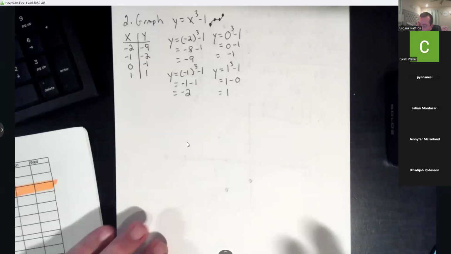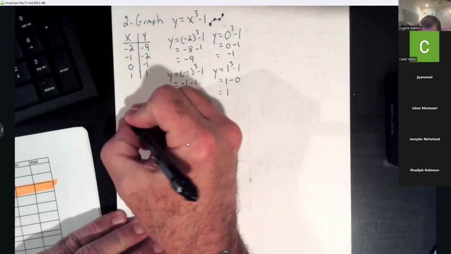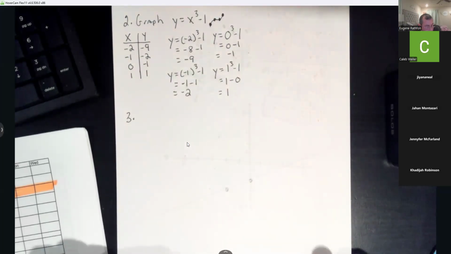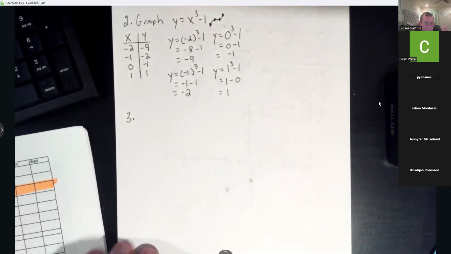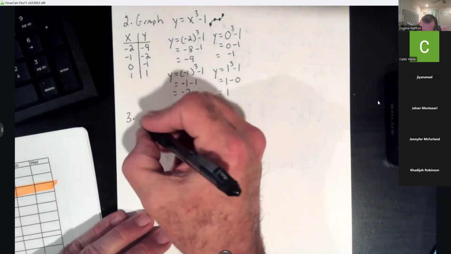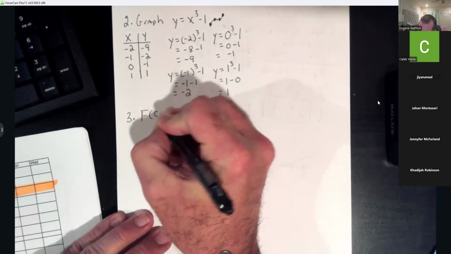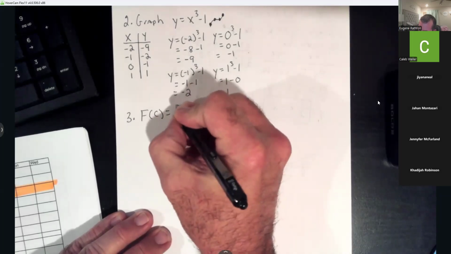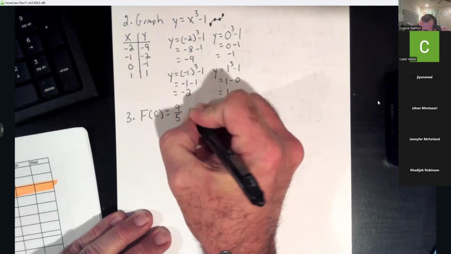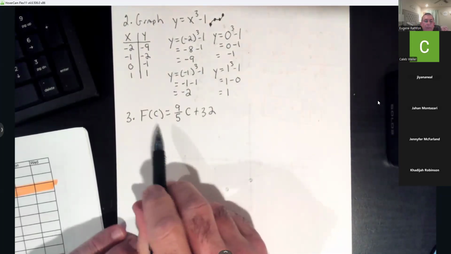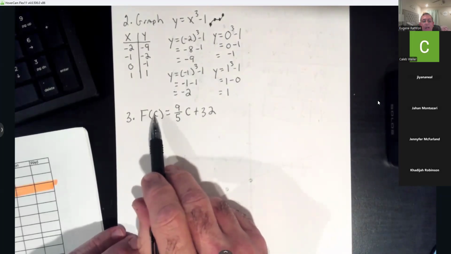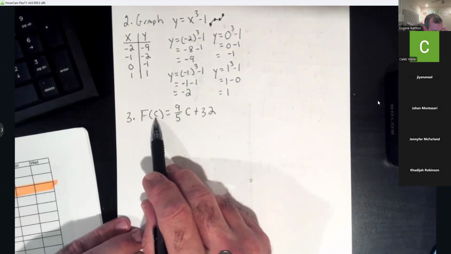All right, y'all, let's see what number 3 has. So number 3 is not a graph, but we do have more graphing coming up in a little bit. But number 3, they're giving you this formula. F of C equals 9/5 C plus 32. So the Fahrenheit formula, if I know the Celsius temperature.